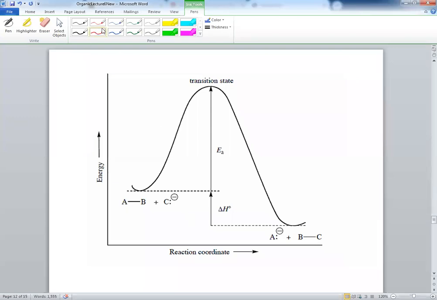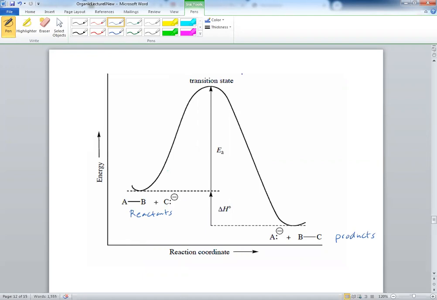So these are my reactants right here. These are my products. What's important is what happens at the peak right here, that's called the transition state. And the transition state is basically what happened, again, in between.